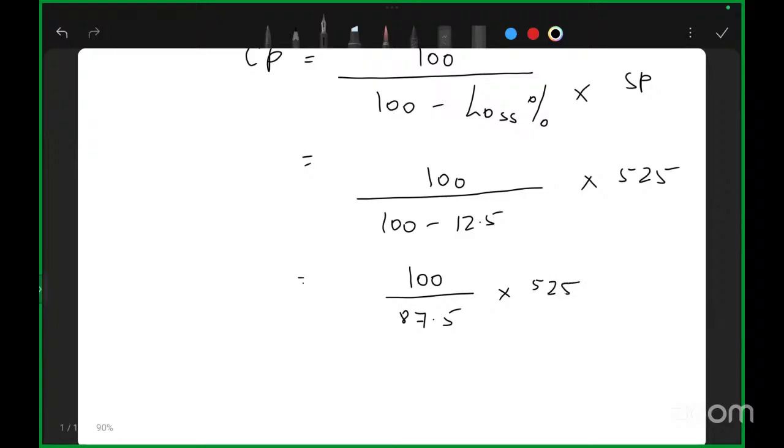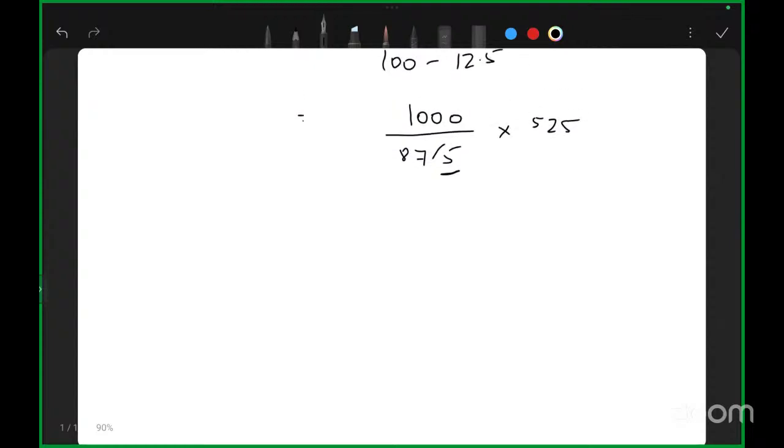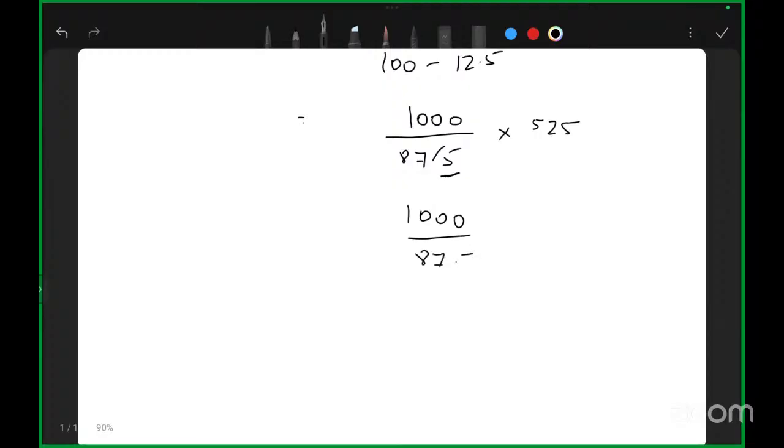Now I have to remove the point of 87.5. So remove the point. One number is there after the point, so I'll put 10 in the numerator. What it becomes? It becomes 1000 upon 875 multiplied by 525.